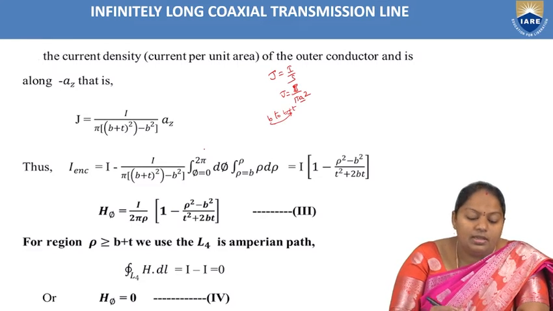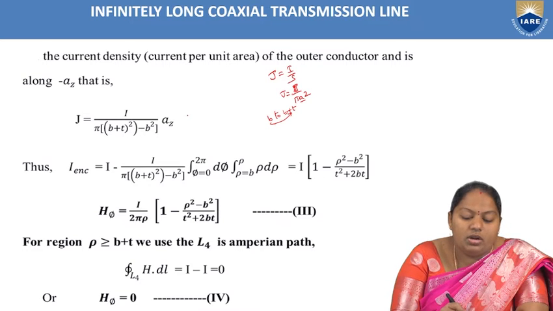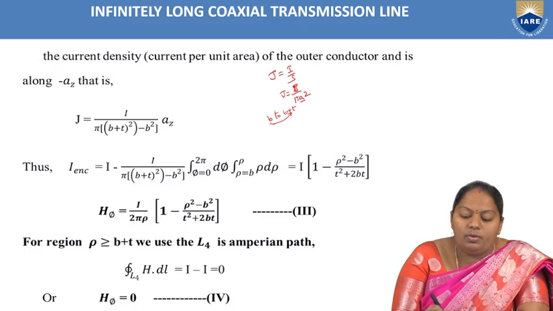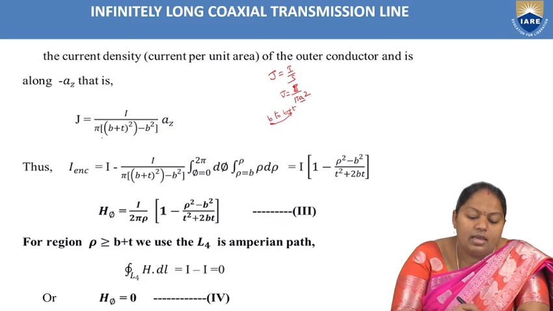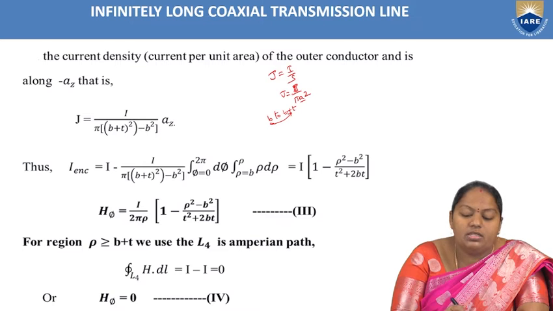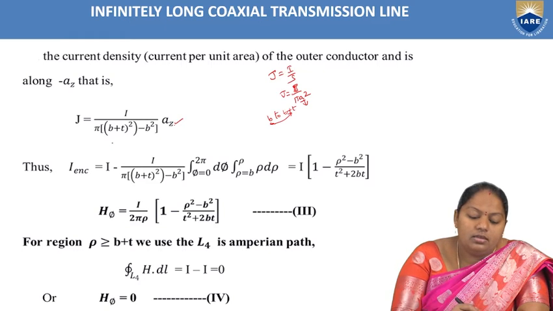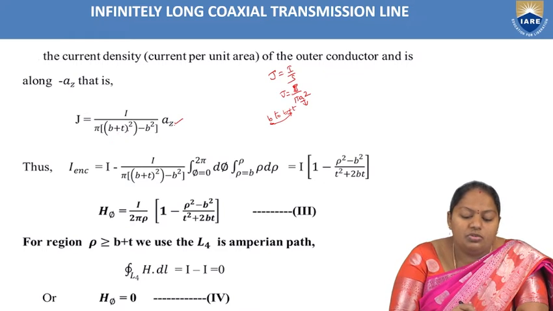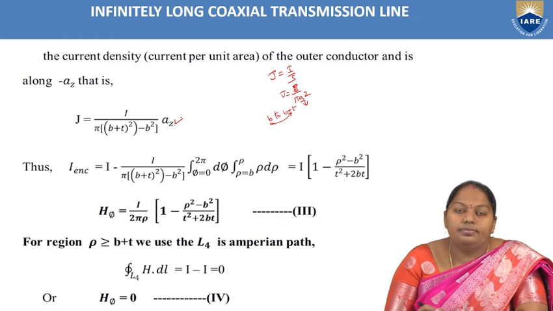Substituting, J becomes I by pi into the upper limit B plus T, whole square, minus the lower limit B square, along the z direction.